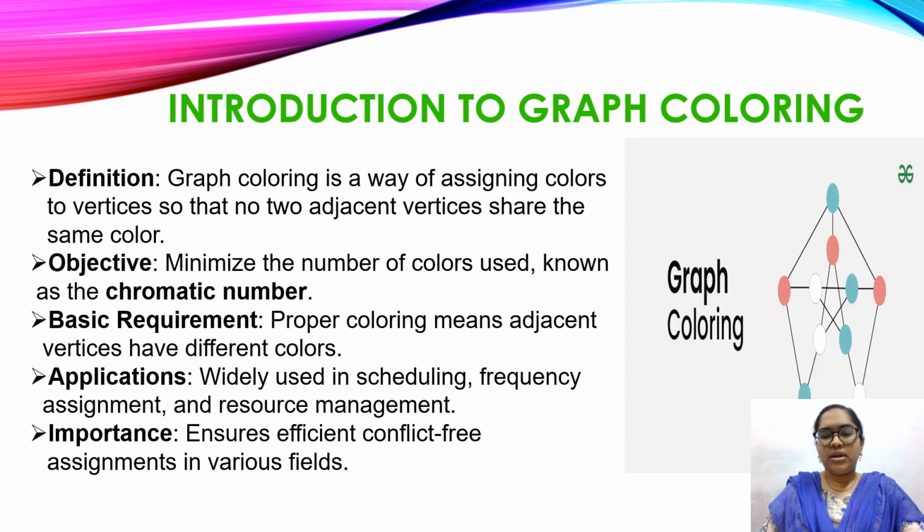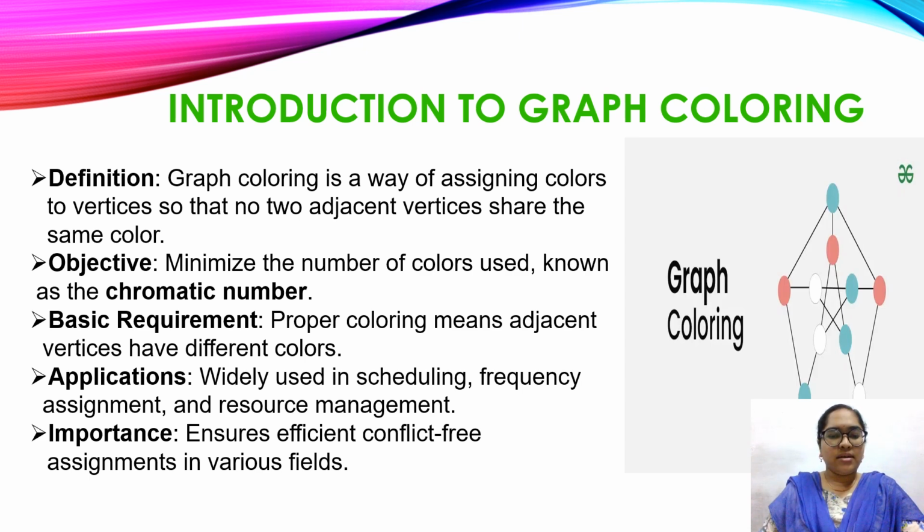So when we look at the diagram that I have given here, it represents that no two adjacent vertices have the same color. Since here you can see that it is blue and pink, and the next adjacent vertex is white. Likewise, we have to color the graph on the condition that no two adjacent vertices should be of the same color.